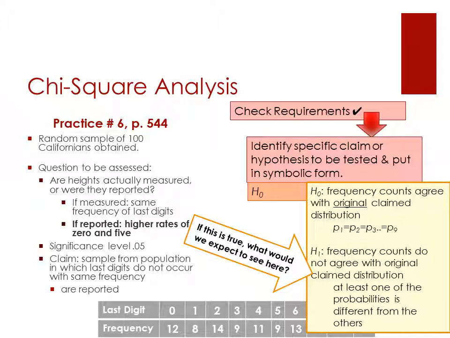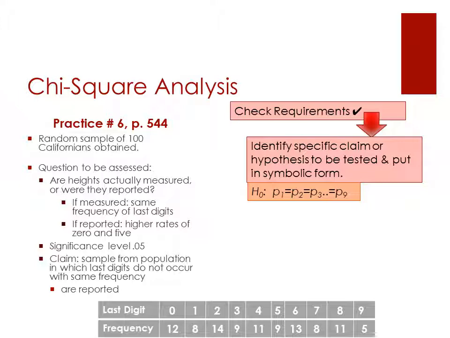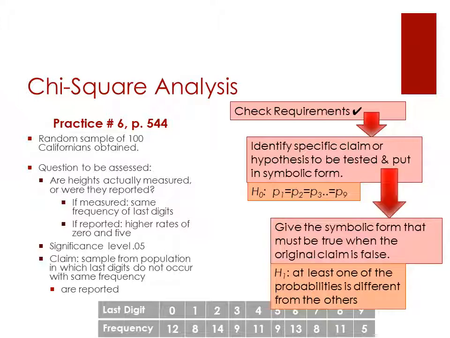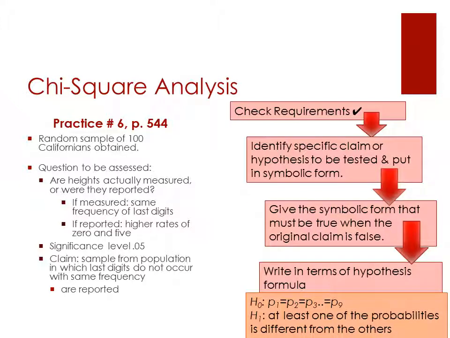So we can simplify that and not have to specify the 0s or 5s. We can simply say that we're expecting at least one of the probabilities to be different from the others. So that's going to give me, now we have both the null and the alternative that we've got set. And here we have them set up in our hypotheses formula.